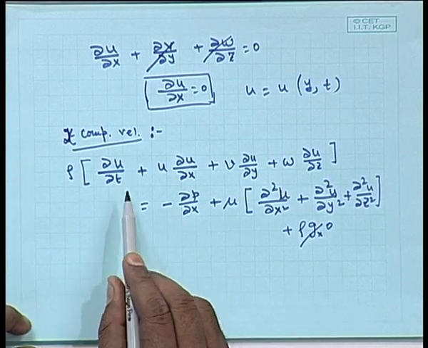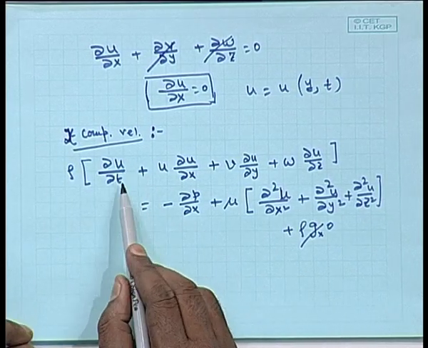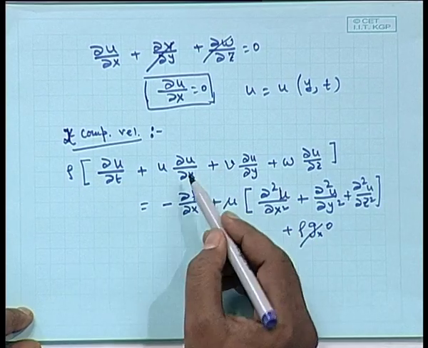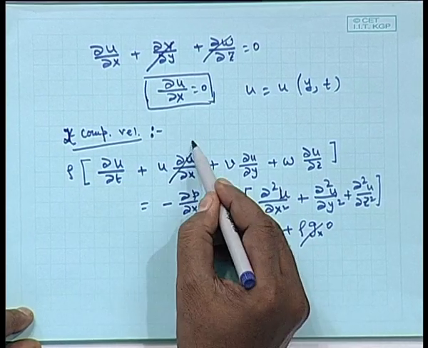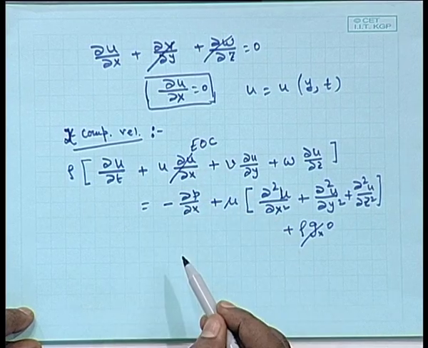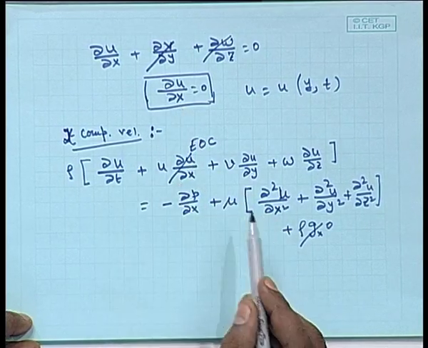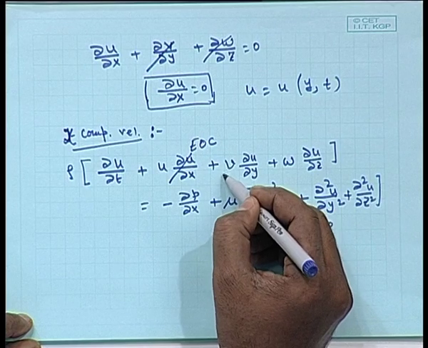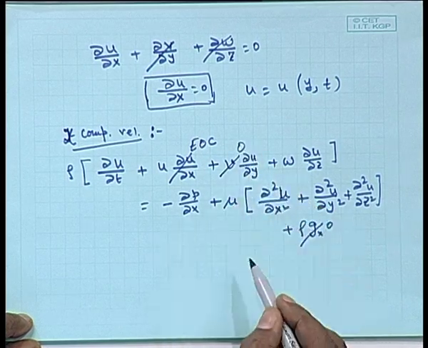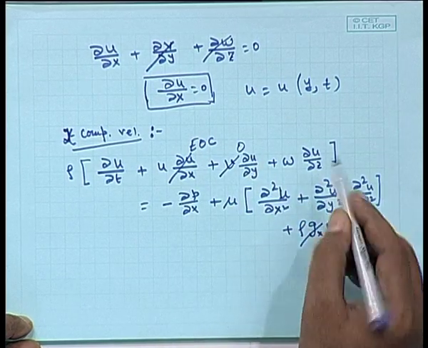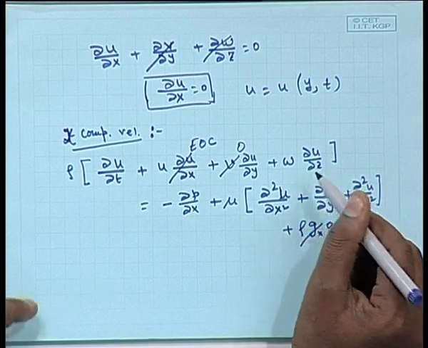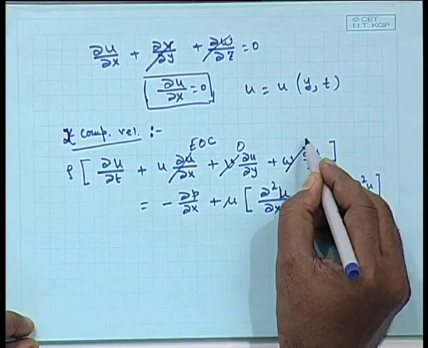Del u del t, since it is a transient problem, will remain as it is. Del u del x, because of the equation of continuity, this term will be off. From the equation of continuity you get del u del x equal to 0, v itself will be equal to 0 because of that assumption, so this term will be 0, and w is not present and del z of anything will be 0. So, each of these terms will be equal to 0.